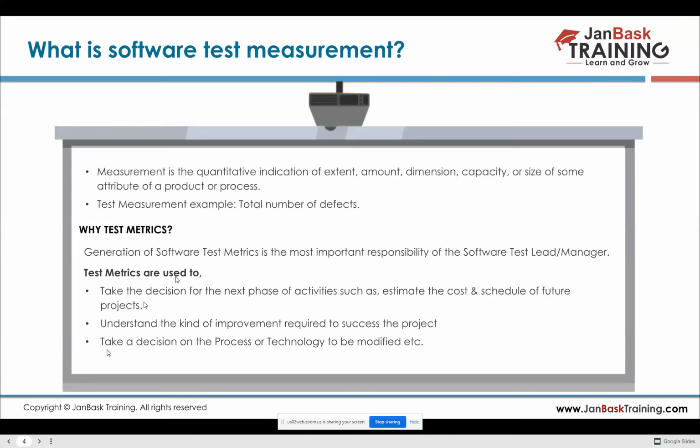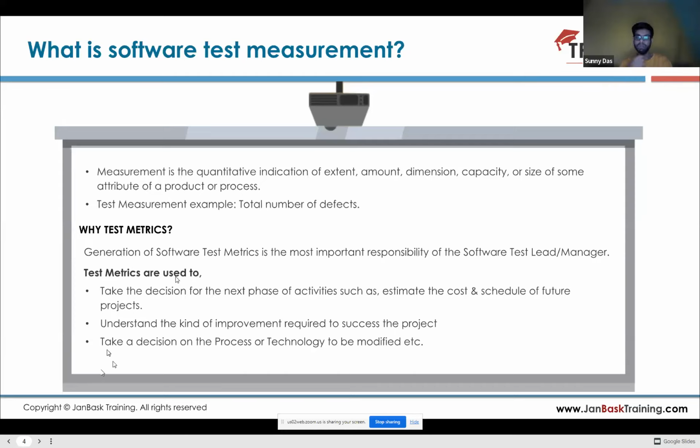So these are the scope of improvement, right? In this way the test metrics are very much helpful for the improvement of the process, for the improvement of the overall quality of the software. And finally, it also helps to take a decision on whether the process or technology should be modified or not. As an example, suppose the developers are using a particular technology for the software.